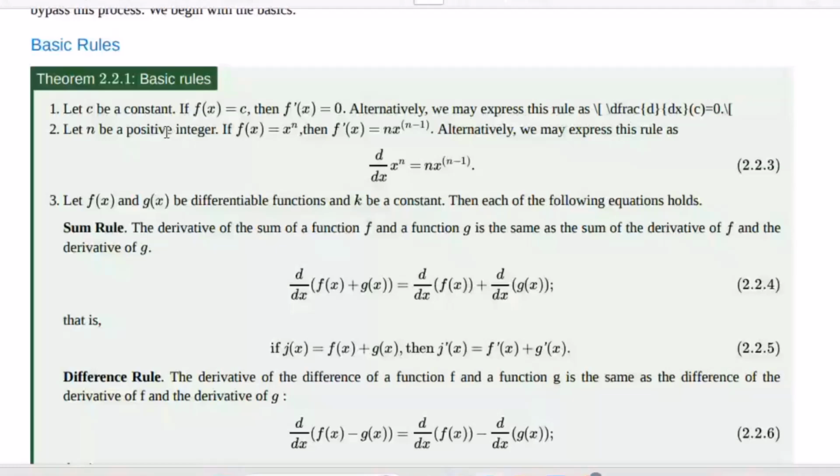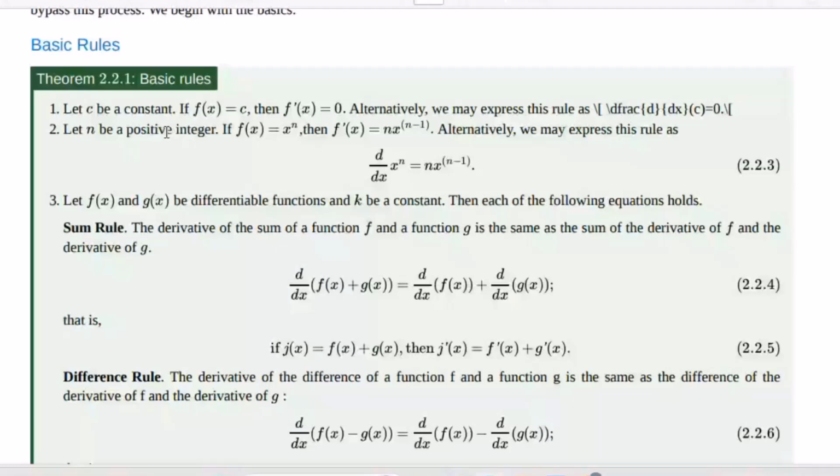Yes, sir. Thank you. Number 2, let n be a positive integer. If f of x is equal to x to the power n, then the first derivative of f of x is equal to n x to the power n minus 1.